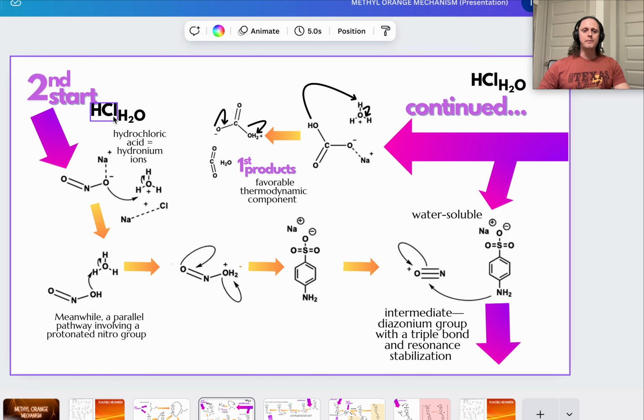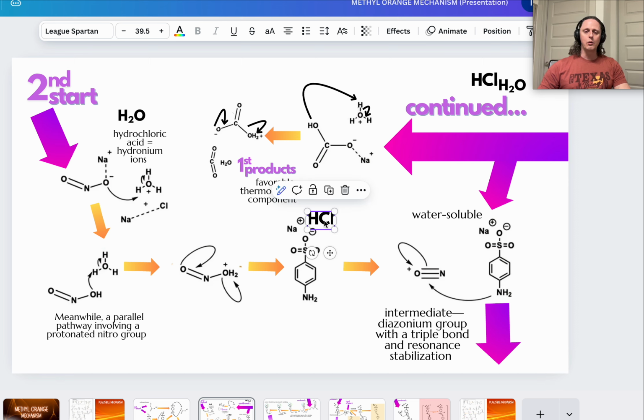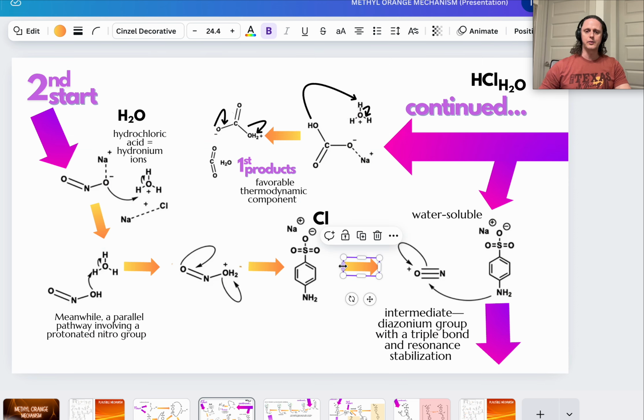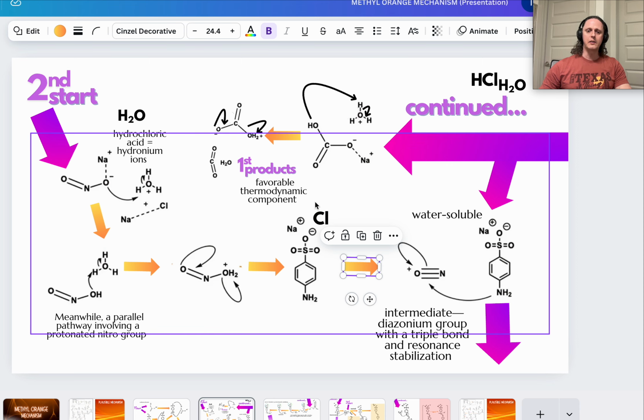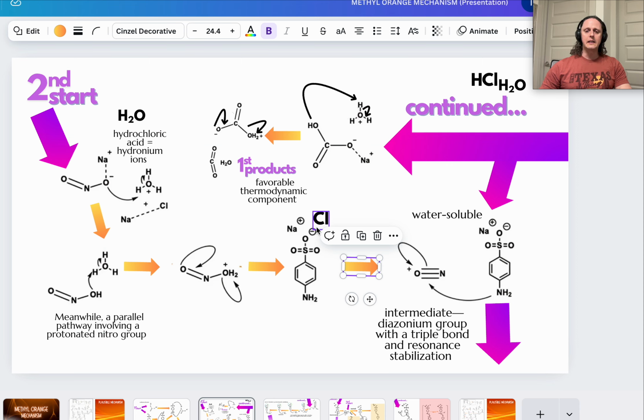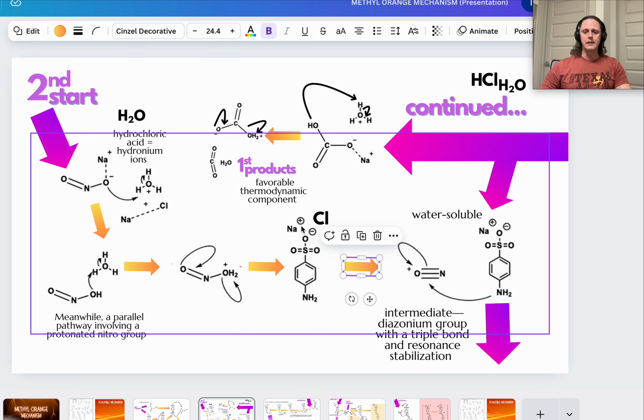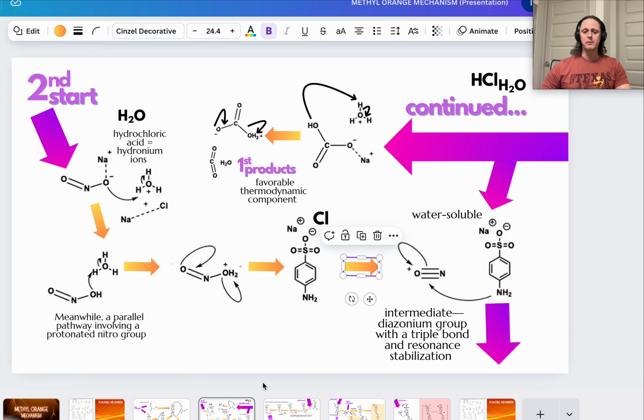Again, what I should have put here is there is a chlorine also in this group here. So you have a complex here of oxygen anion, a chlorine anion, and a sodium cation. They're just making this whole group here very stable, so it doesn't interfere with the rest of our reaction.